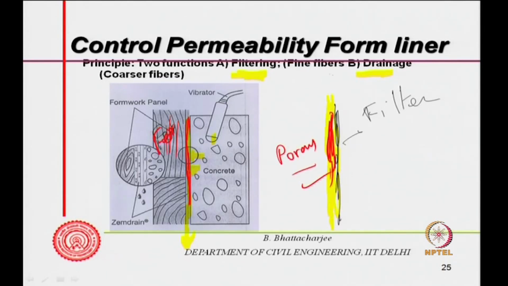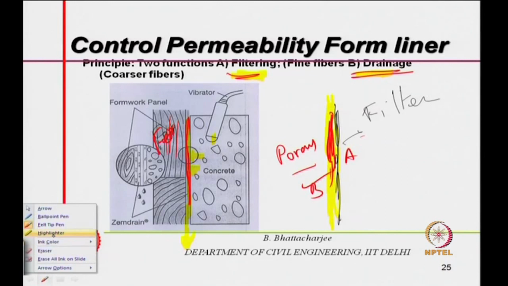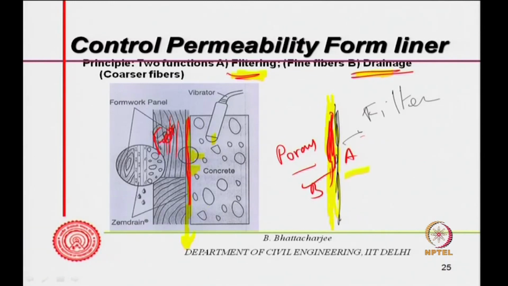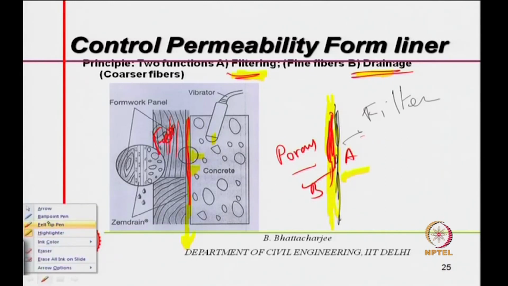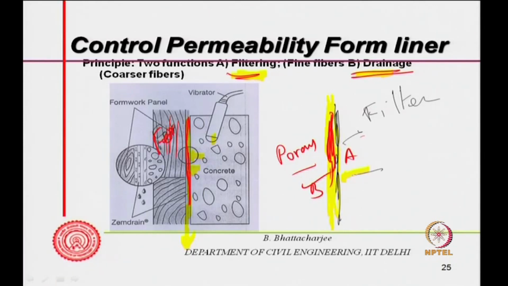So, it has the function of drainage, and this has the function of filtering. A is here, B is here. Cement particles move along this direction, water moves along this direction, but cement particles are blocked here. Water moves along this direction, comes here and gets drained off.